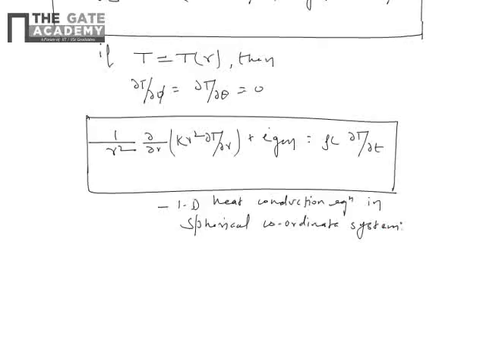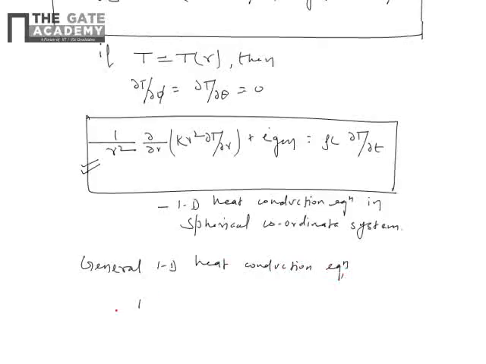If we see the 1D heat conduction equation in rectangular coordinate system, cylindrical coordinate system, and spherical coordinate system, we can write a general 1D heat conduction equation.